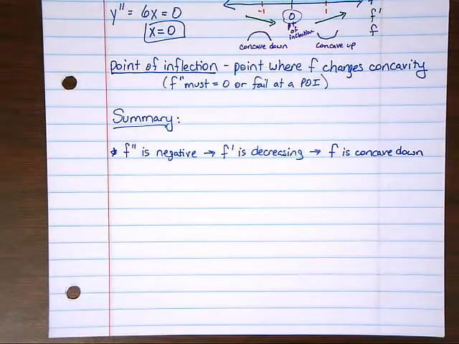Those three are tied together. When f double prime is negative, f prime is decreasing, and that means f is concave down. Are we good on that one?